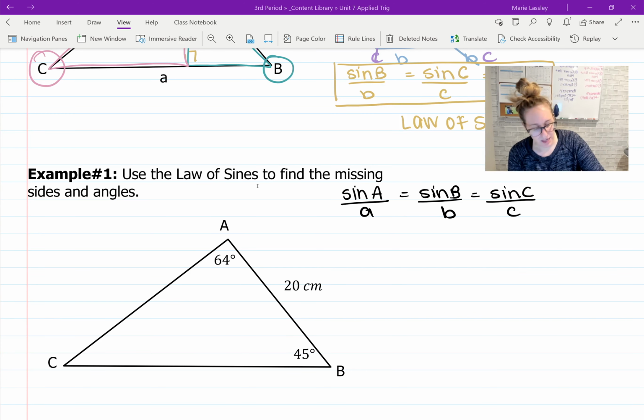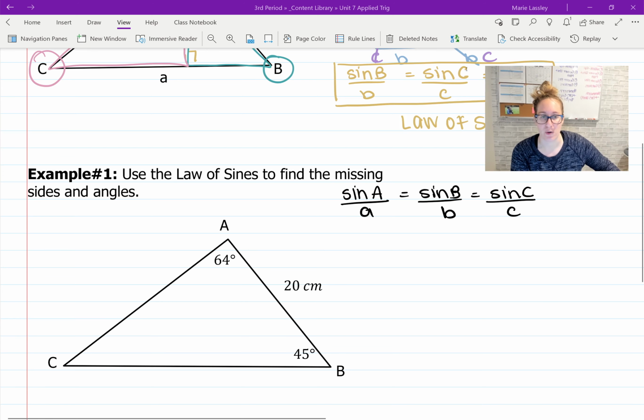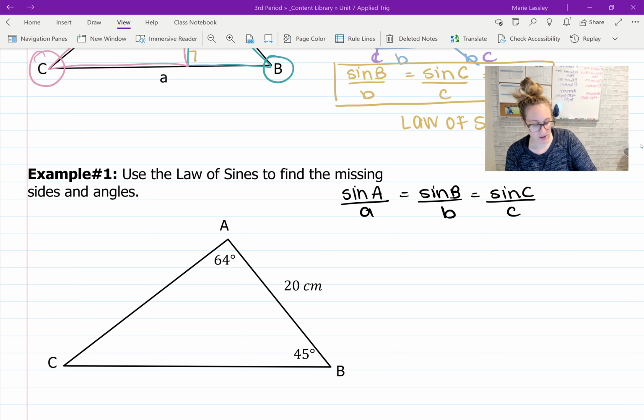Now we're going to see what we've got going on here. We are going to have to use a little bit of triangle rules. Hopefully you remember your triangle rules. It's not a lot of them, but there are a couple that come into play here. The first one is about all three angles of a triangle. We know one angle is 64, one angle is 45.